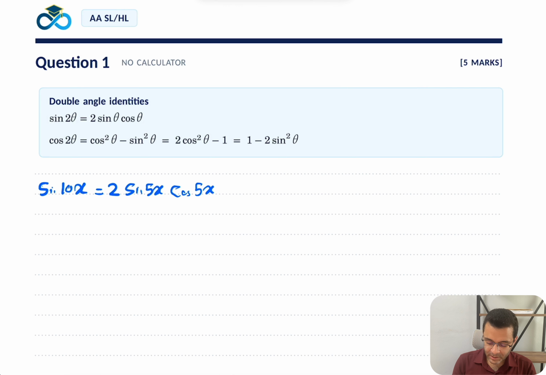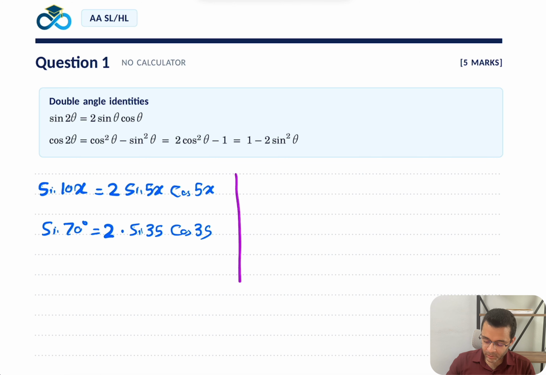As you see, 10x is double of the 5x here. Another example. Sine 70 degrees will be, start with a 2 also. Half of 70 degrees will be 35. So I will write now sine 35 degrees and then multiplied by cosine 35.